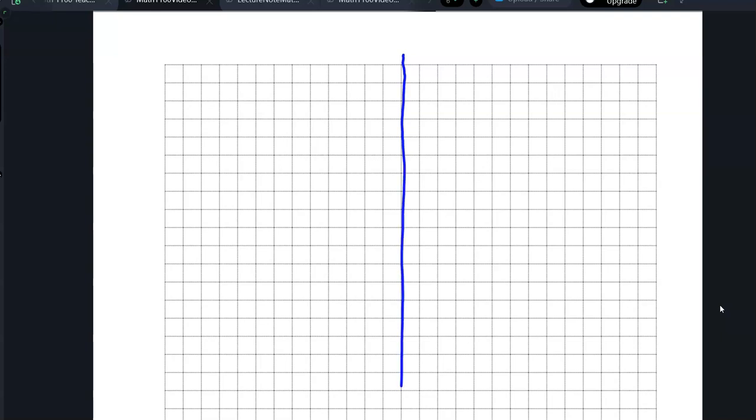I am using a ruler, but because I draw on my Surface on the screen, it may not be that good. Here I have y. You label your x and y axes. This is the positive y. This is the positive x. This is negative y, negative x. Just a quick review of the Cartesian plane.